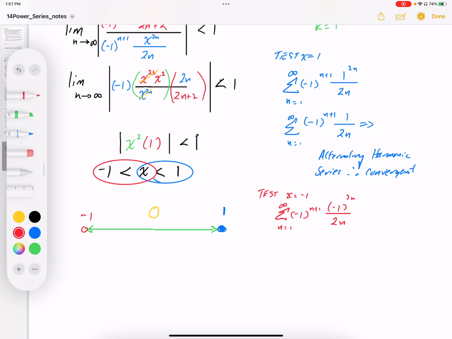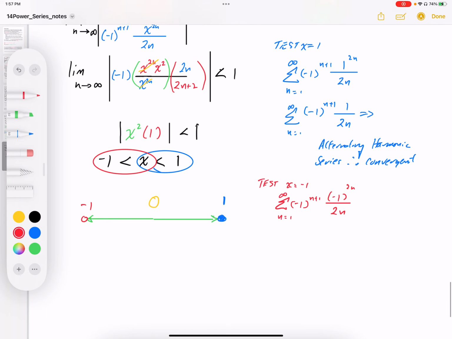Now, this power is always even because of the 2n, and that means that that -1 is just going to end up being 1. So we can then say that this series will be an alternating harmonic series, based on our simplification. Again, it's an alternating harmonic series, therefore convergent as well.